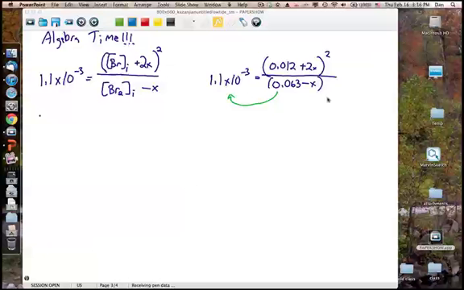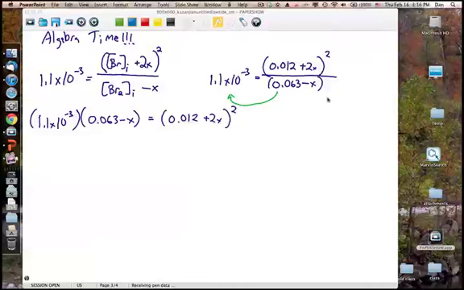I'm going to work this out stepwise: 1.1 times 10 to the minus third times (0.063 minus x) will equal (0.012 plus 2x) squared. Notice I'm not simplifying, factoring, or multiplying things out, simply because we can do the bulk of our operations beforehand.